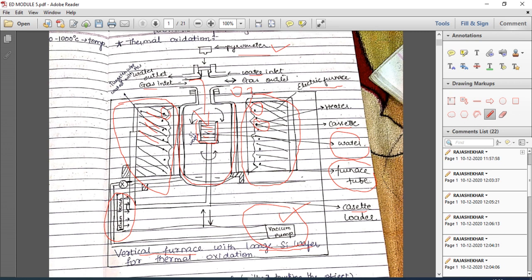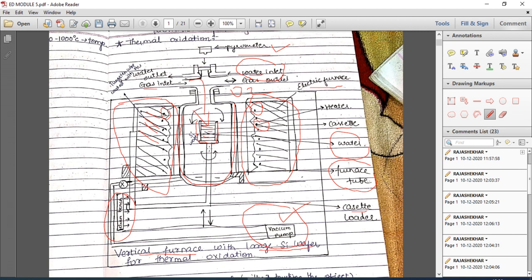We call it oxidation. If I use gas, then it is called dry oxidation. If I use water, again it reacts with Si and forms SiO2, but it is called wet oxidation. So using this vertical furnace, we are capable of performing two oxidations.